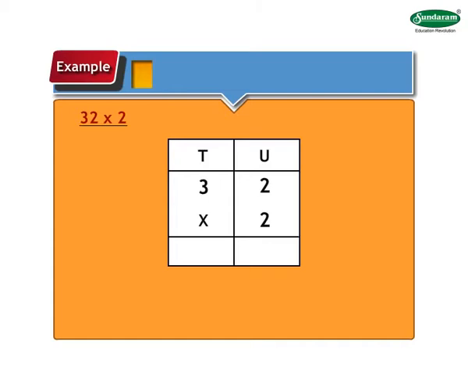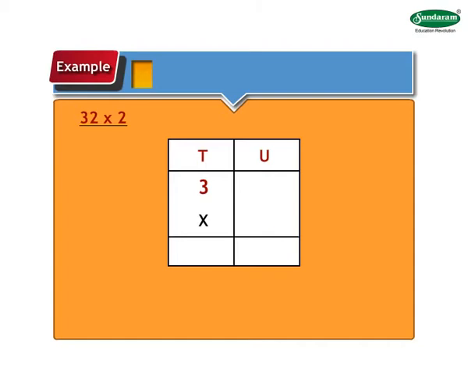In the number 32, the digit in the units place is 2 and the digit in the tens place is 3. To begin with the multiplication, we will first multiply the units digit by the units digit. That is, here we have to multiply the units digit 2 by 2.